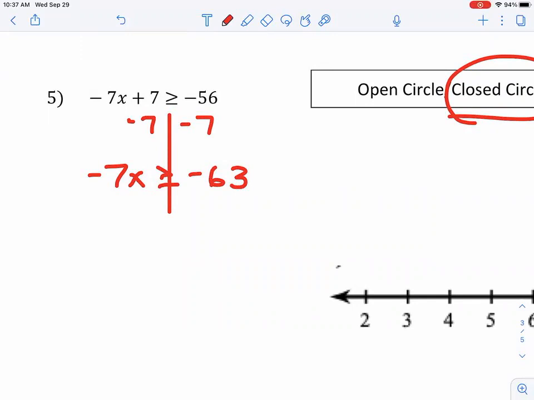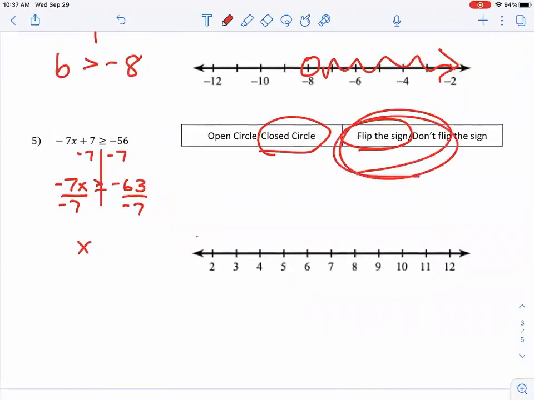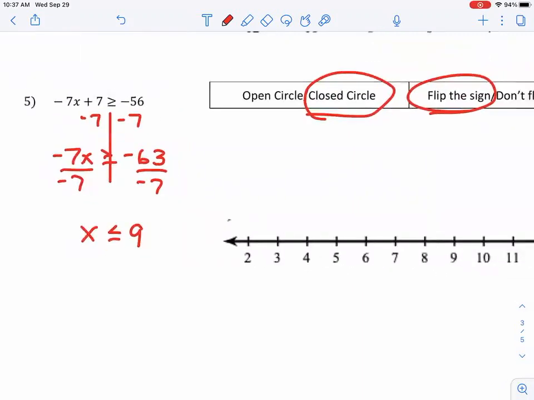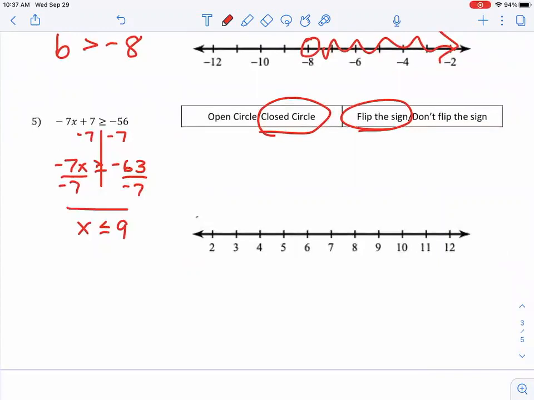Now I'm going to divide both sides by -7. So I get x. Don't forget, I have to flip the sign. So x is less than or equal to, and -63 divided by -7 is 9. And so my answer is x is less than or equal to 9.